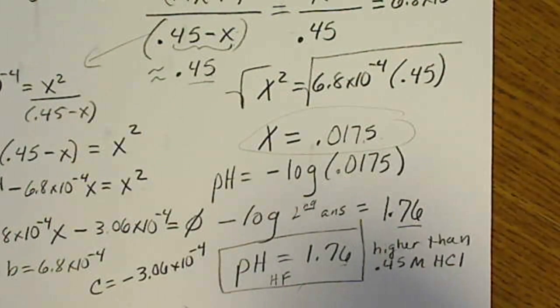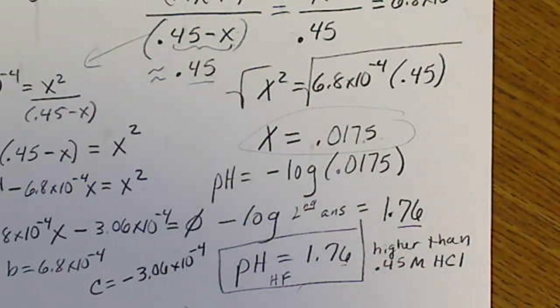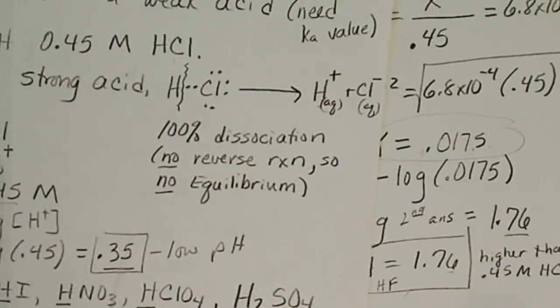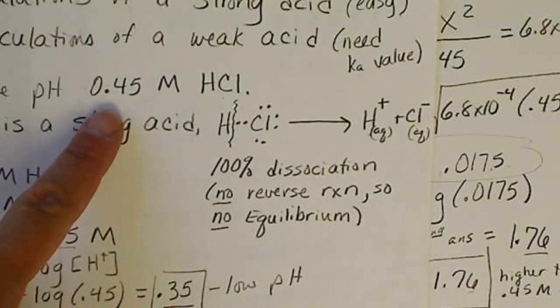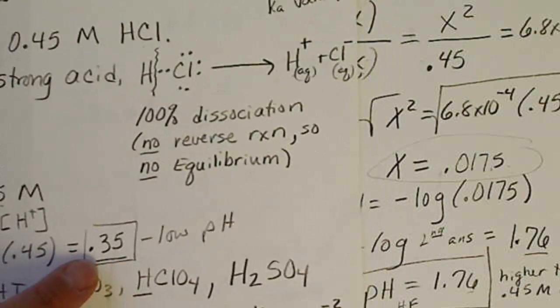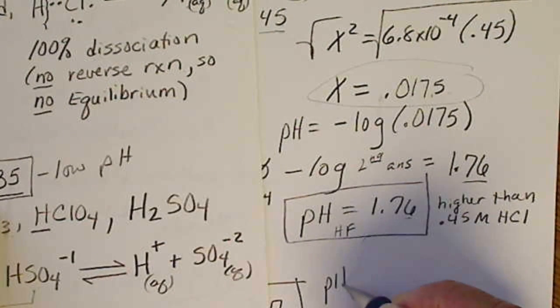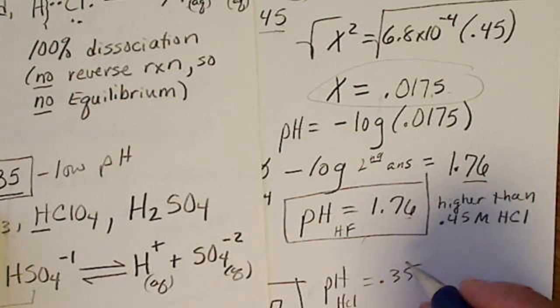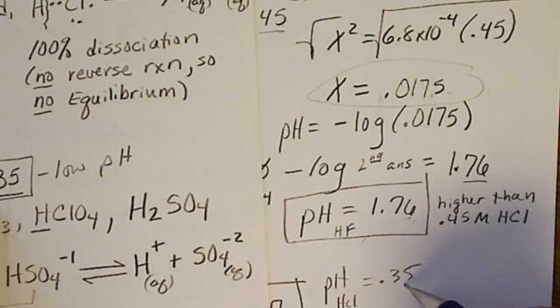Remember, the pH of the same concentration of hydrochloric acid was 0.35. So we can compare that to the previous slide. We took the pH of 0.45 molar hydrochloric acid and it was much lower. So the pH for HCl was 0.35. And so by comparison, a weak acid is going to be less acidic than a strong acid.